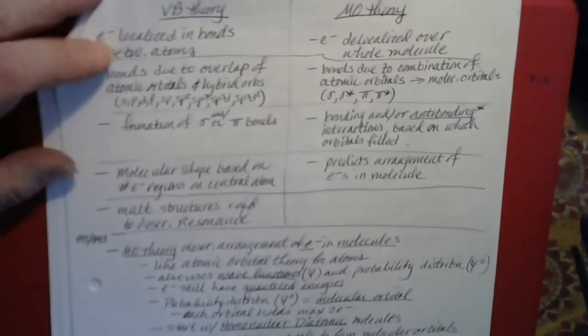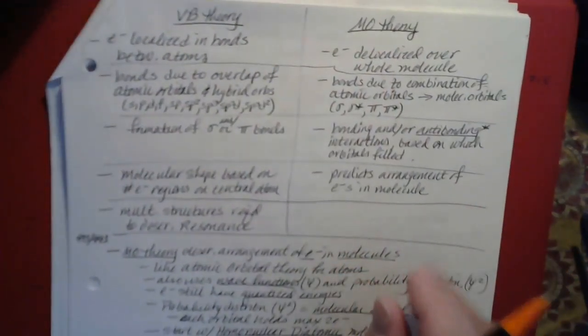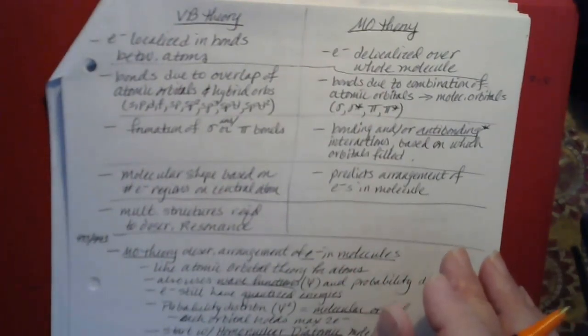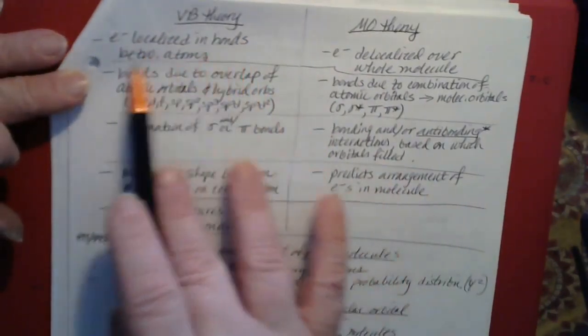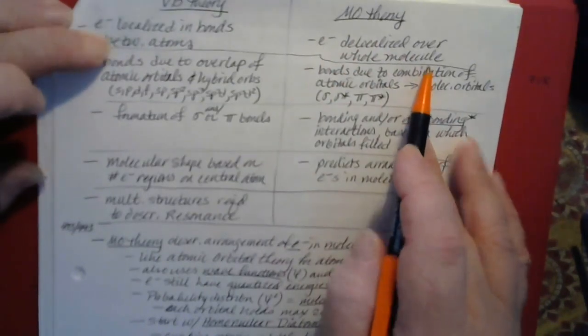So there's a table here that compares valence bond theory with molecular orbital theory. The valence bond theory we went over earlier in the chapter, and the molecular orbital theory is what we're working on now. In the valence bond theory, the electrons are localized in bonds between atoms, but as I mentioned a moment ago, in molecular orbital theory, the electrons are delocalized over the whole molecule.